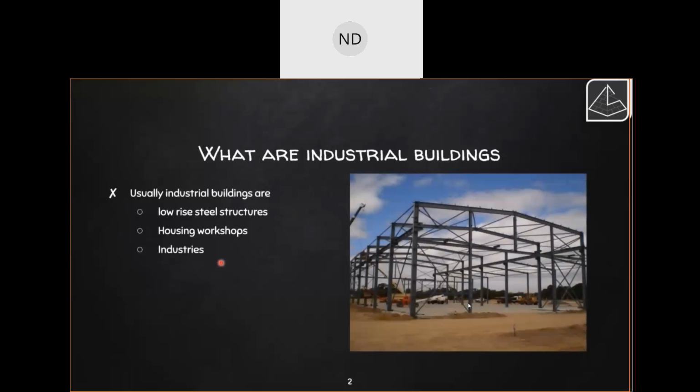This is a typical picture of the industrial shed. You can see all the components are steel: members, columns, beams, everything is created with steel, and even the different parts of bracings and supports are steel. So this is one industrial shed.